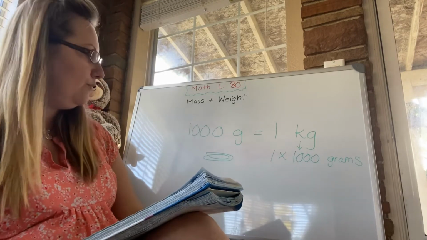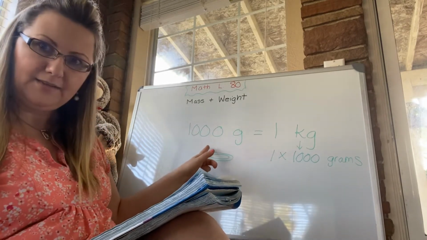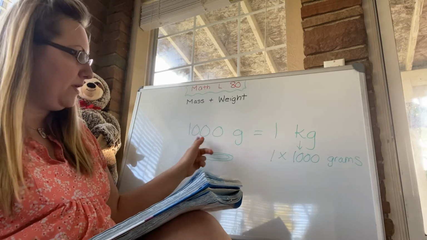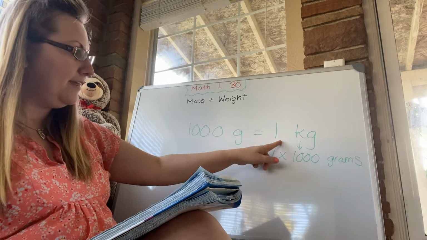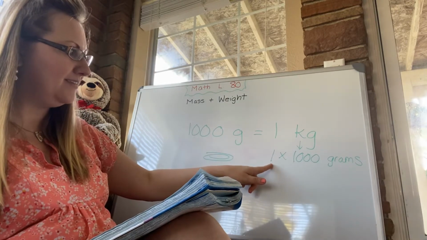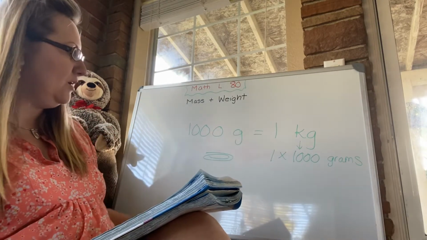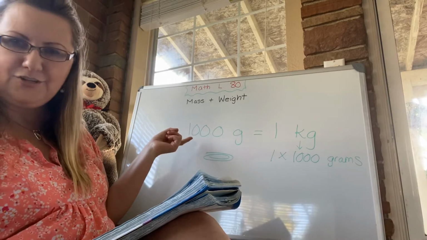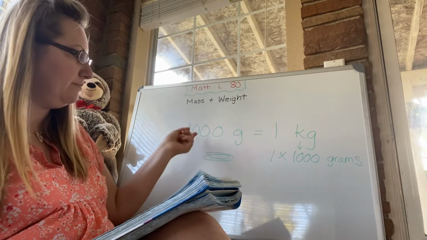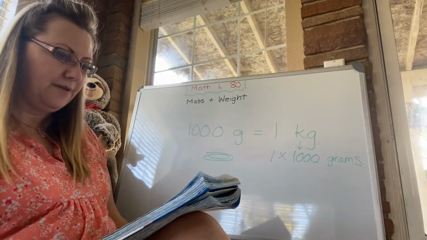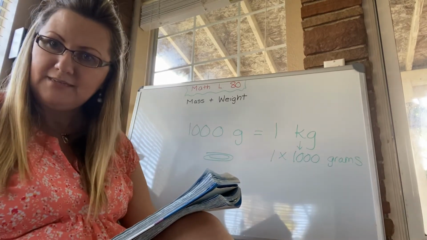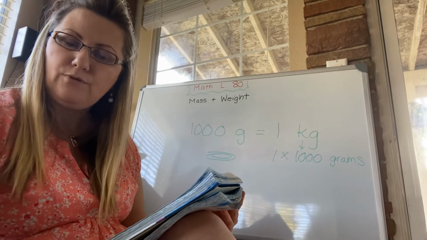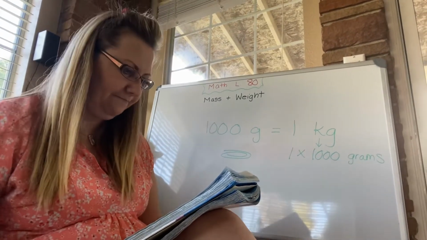Now, we could also just think of it like up here. If 1,000 grams is 1 kilogram, then wouldn't 5 kilograms be the same as 5,000 grams? We would just multiply by 5. But we can also set it up on a table. It's another strategy that we use in our class for problem solving.